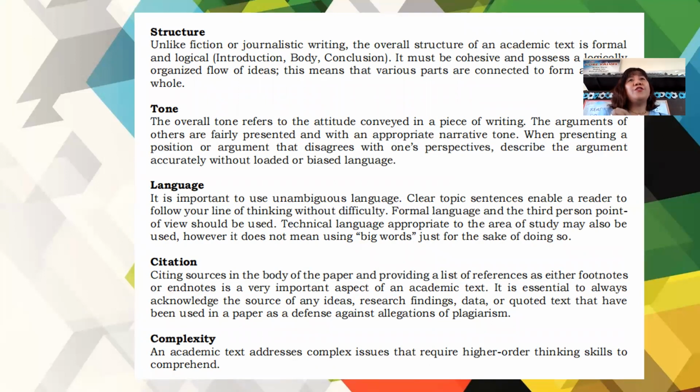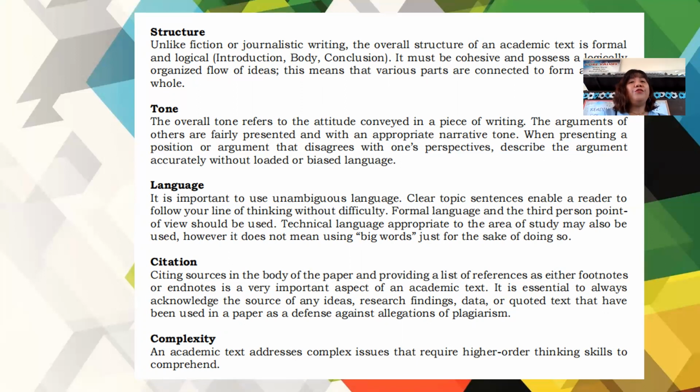So the structure that is used in these research papers, as we all know, is formal. The tone. The overall tone refers to the attitude conveyed in a piece of writing, and the arguments for others are fairly presented and with an appropriate narrative tone. And when presenting a position or argument that disagrees with one's perspectives, describe the argument accurately without loaded or biased language.